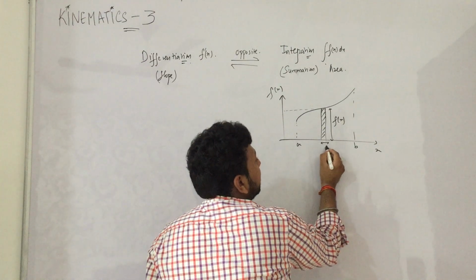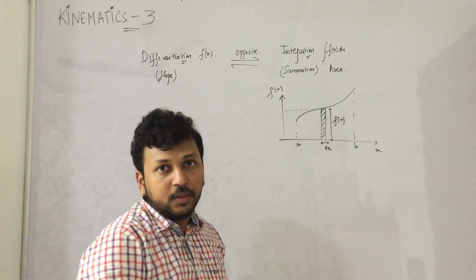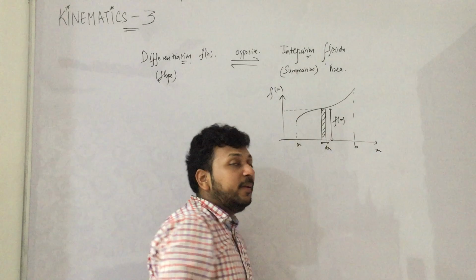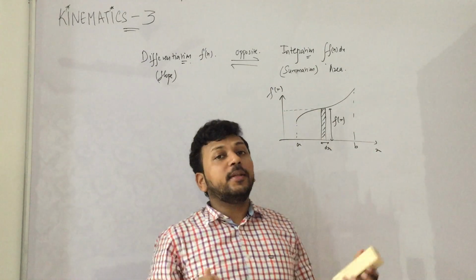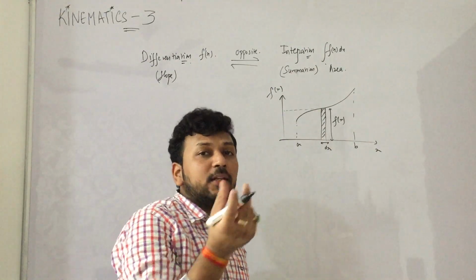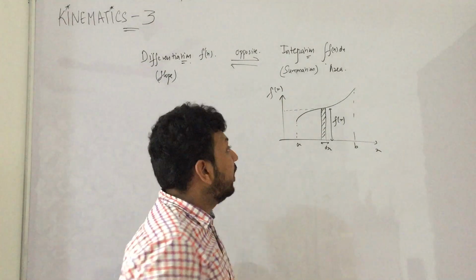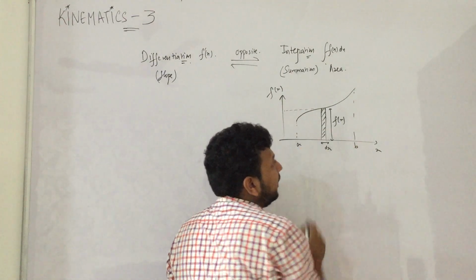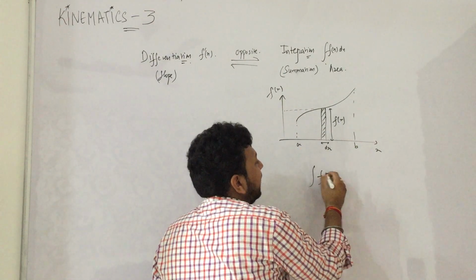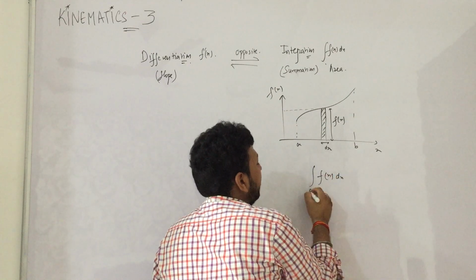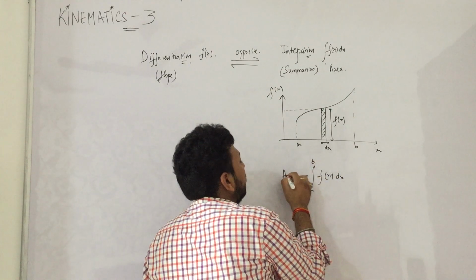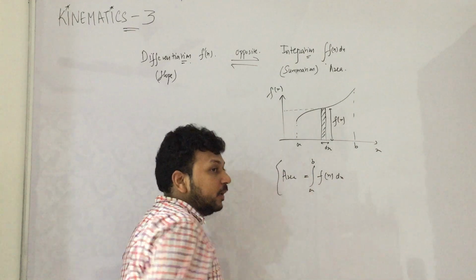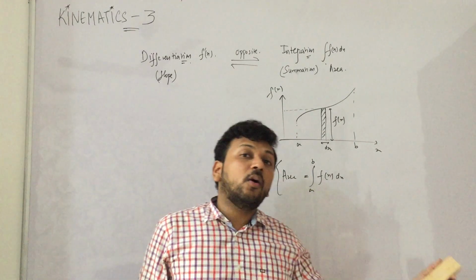And what is its width? It is dx. Now its area will be f(x) into dx, because this is a rectangle. dx is very small. Now if we add all these rectangles from A to B, we get the area, right? So the integral of f(x) dx from A to B is equal to the area. This is the basic of integration.